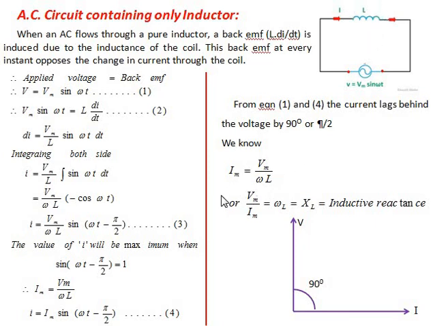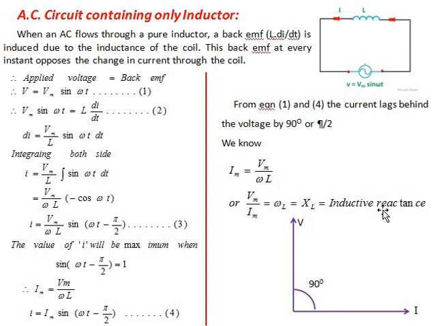Clear? So from the equation Im is equal to Vm divided by omega L, again apply Ohm's law: Vm divided by Im is nothing but a resistance. So omega L is equal to XL, known as inductive reactance.